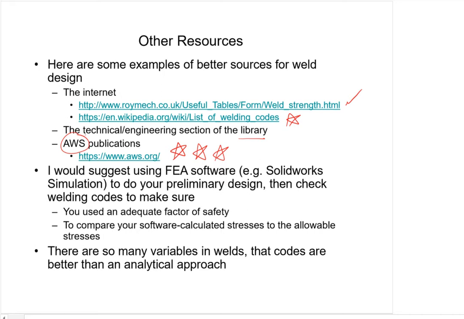AWS, that's a biggie. So, without resorting to anything on the computer beyond the internet, you actually have a lot of rich resources available, and particularly the AWS publications will get you a long way.